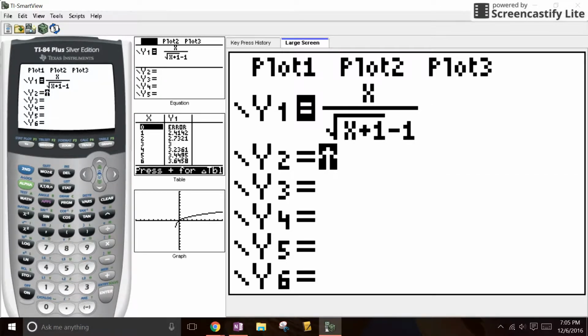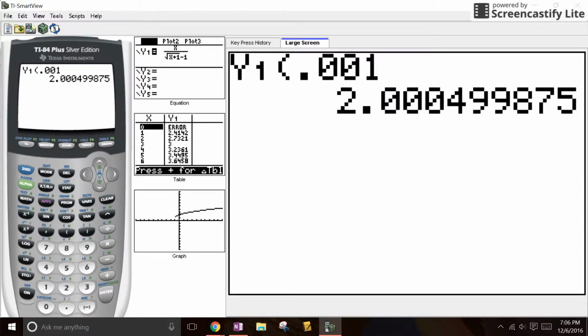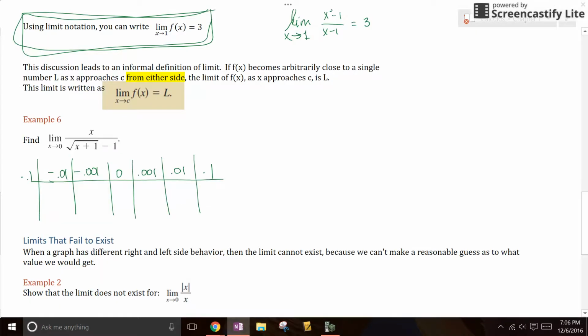So if I quit out and I go, all right, alpha y1, and I want to evaluate it at 0.001, it'll tell me the answer is 2.0005.